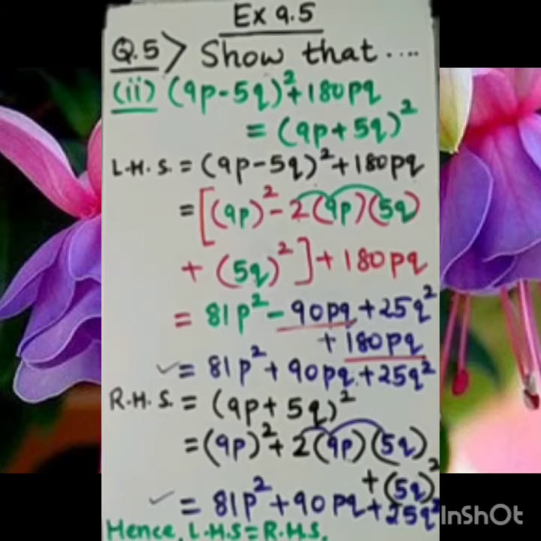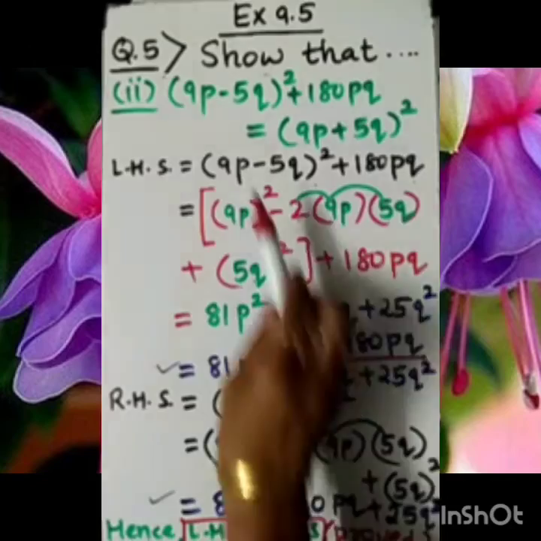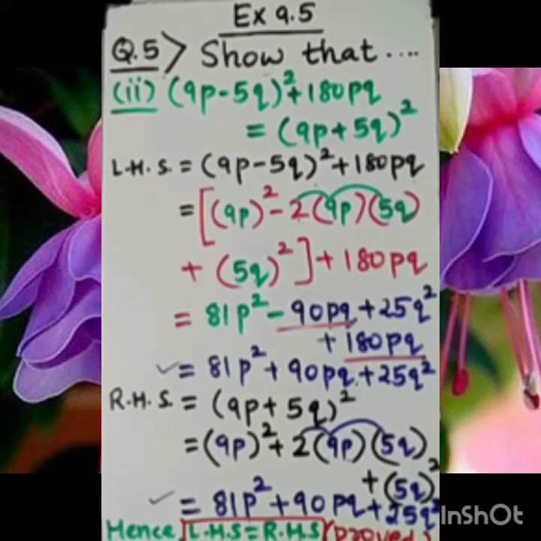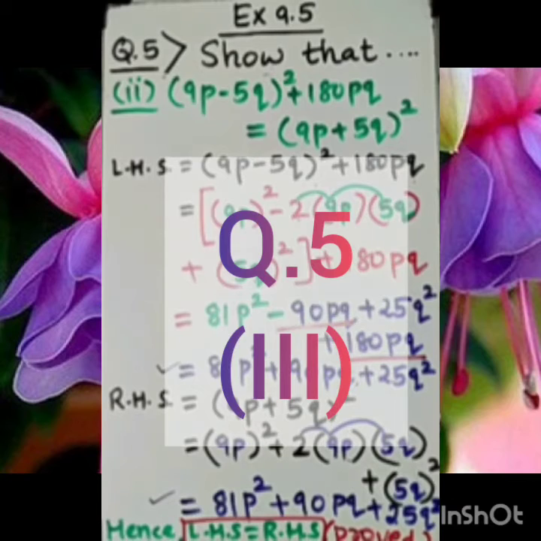So we need to write hence proved. We need to mention it is proved, meaning we have successfully proved that LHS and RHS are coming out similar. If you do not want to write LHS equal to RHS, then you can mention the full question also, and the final answer, hence proved. Clear to you?